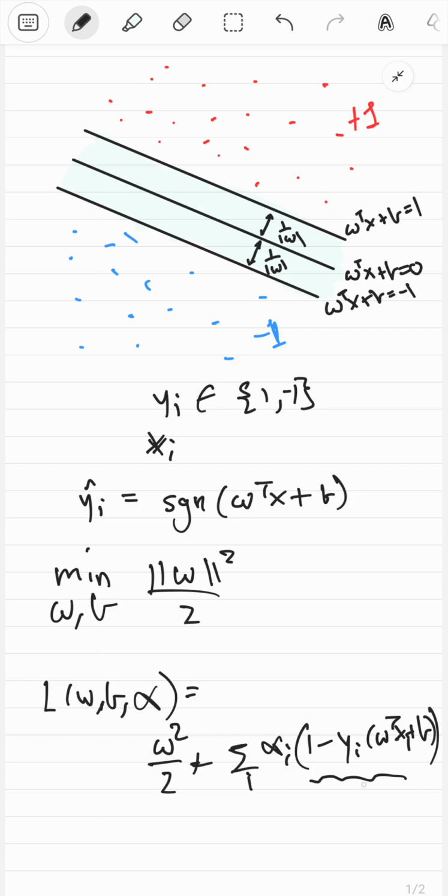And at the same time, if yi times w transpose xi plus b is bigger than 1, that the condition is met, and it's met more than what is really required, in that case our alpha i will go to 0, because then this whole quantity will be negative. So the only sensible thing to do is let alpha i go to 0, and so we do not penalize those kinds of points. And so this trick helps us achieve all of these things at the same time.